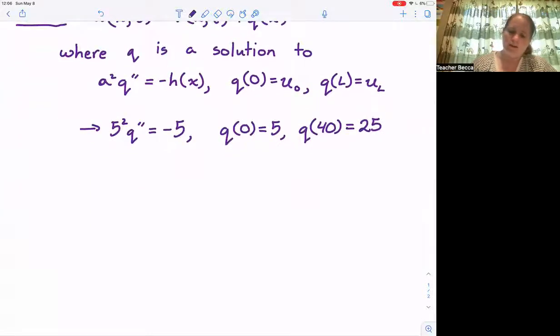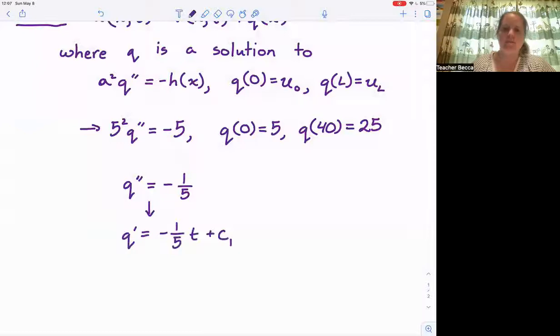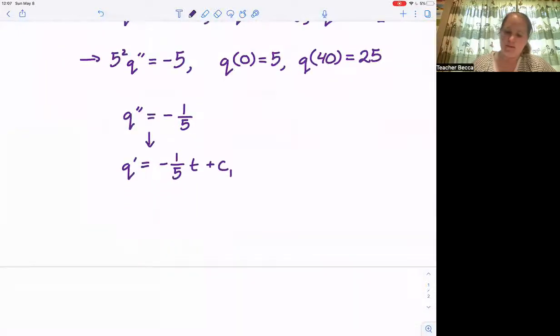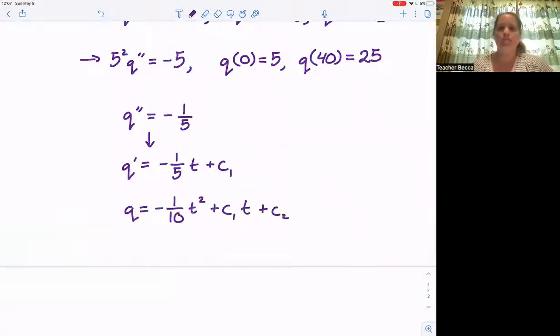So Q double prime is equal to negative 1/5. That means that Q prime should be equal to negative 1/5 x plus C1. Now we have Q should be equal to negative 1/10 x squared plus C1 x plus C2.